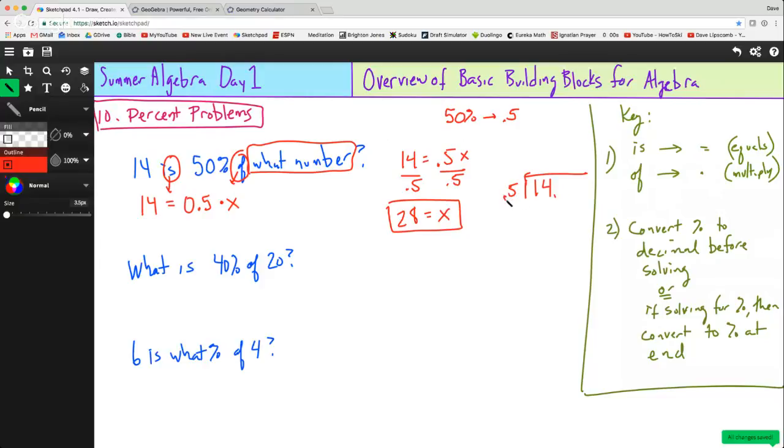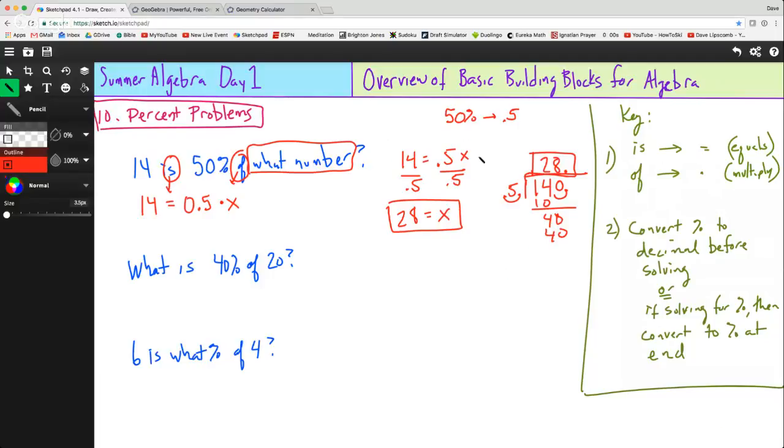Before you divide, you have to make sure you move that decimal to here. 5 into 14 is 2. 2 times 5 is 10. 5 into 40 is 8. 8 times 5 is 40. So we have 28. So that's how you do it.